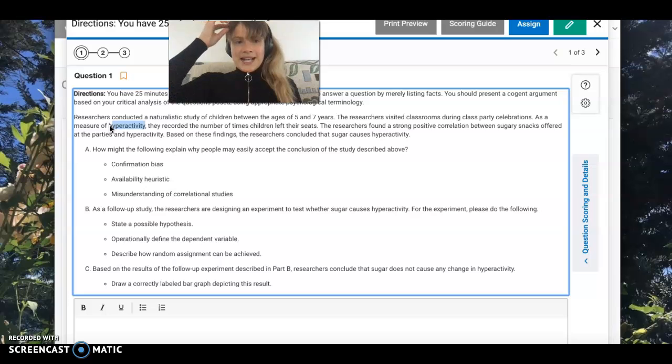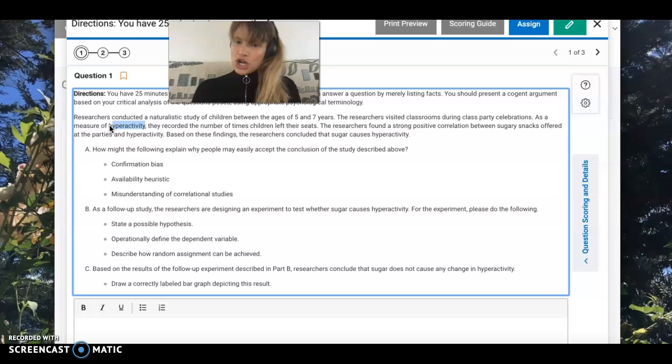To operationalize or to measure hyperactivity, they recorded the number of times children left their seats. So you can imagine an elementary school classroom, children between the ages of 5 and 7, and psychologists with their clipboards sitting in the back saying, oh, look, she left her seat, he left his seat, recording the number of times that children left their seat during the class party celebration.